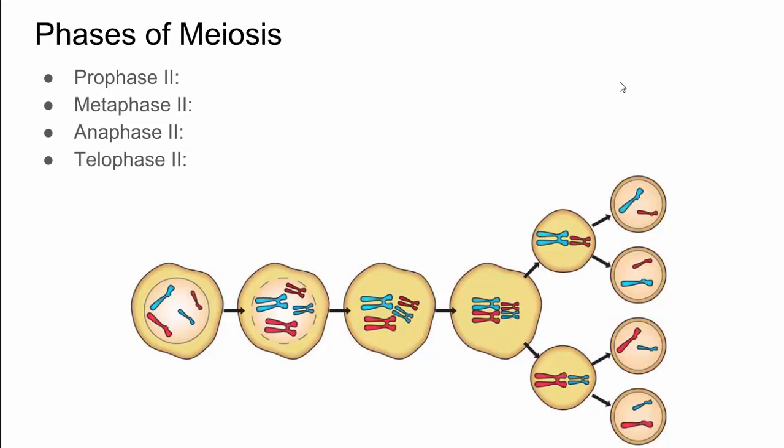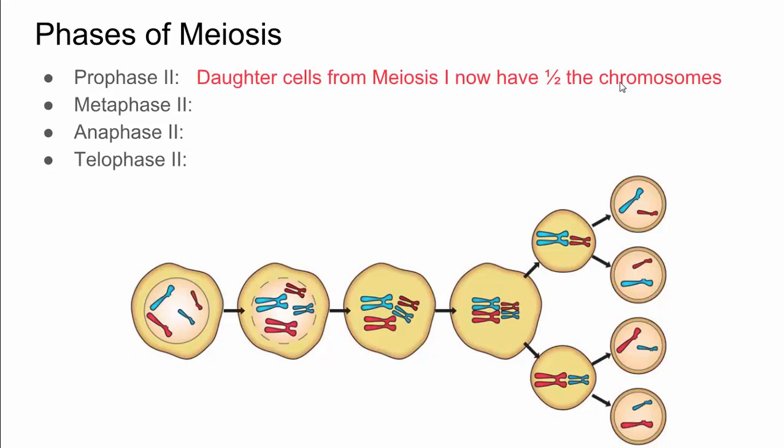The second division is basically identical to mitosis. So in prophase, okay, the daughter cells actually have half the number of chromosomes. If we're using this diagram to look at, this is the original cell. It had 4 chromosomes in it.